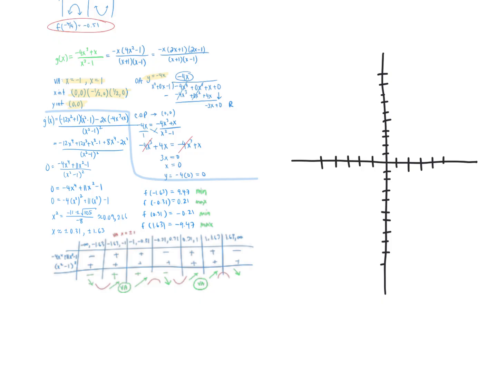And now I'm going to start plotting. I have a vertical asymptote at negative 1. I have an x-intercept and y-intercept at 0. Actually, let's switch colors. I have another one at negative 1/2 and at positive 1/2. And I have an oblique asymptote at y equals negative 4x.